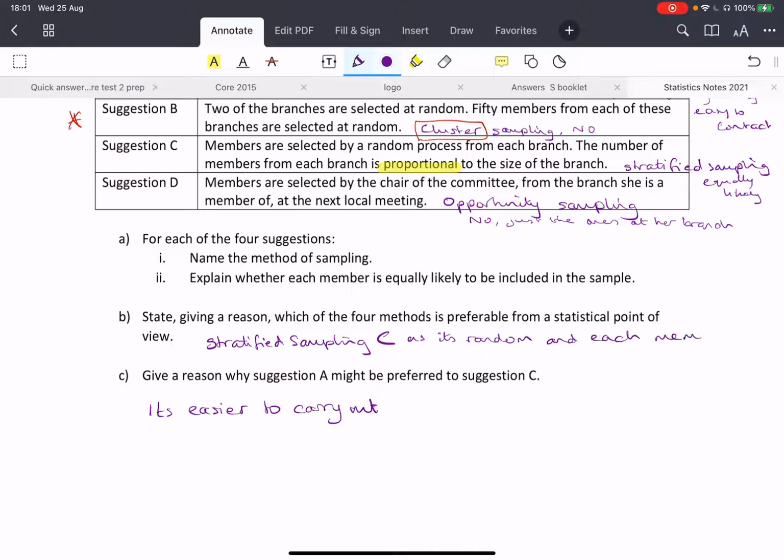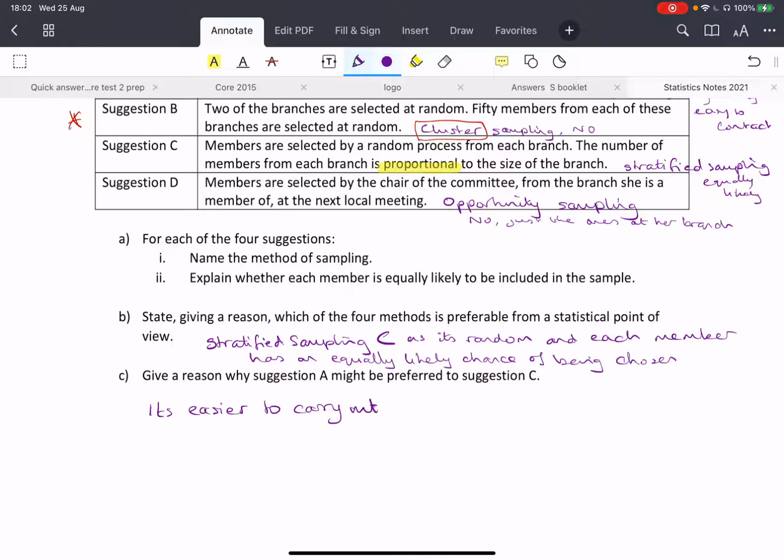I didn't finish that one off tonight. Each member has an equally likely chance of being chosen. Right, so if you were the person in charge of trying to get this sample, so let's say you've got a small branch of 70 people and you've got to get a sample of 10, your life would be a lot easier if you could just choose those 10, which would be quota sampling.